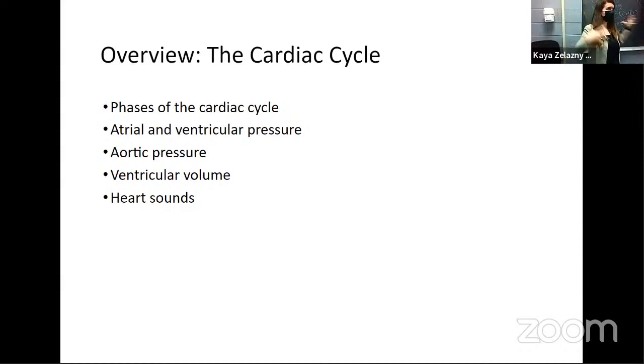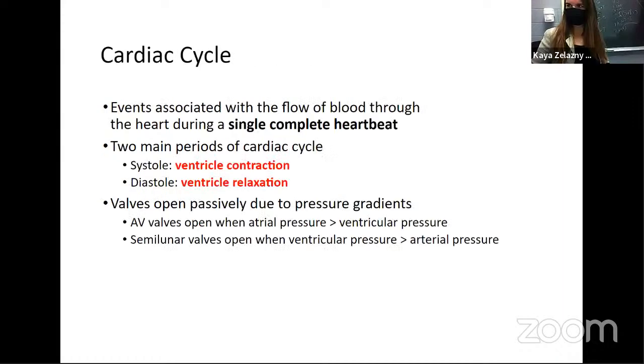So we can make a big map of all of these things and how they should parallel each other at different points over a cycle of one heartbeat. So that's what we're referring to when we talk about the cardiac cycle: all of the events happening in the heart through the course of one heartbeat.